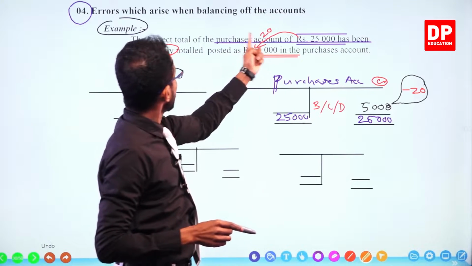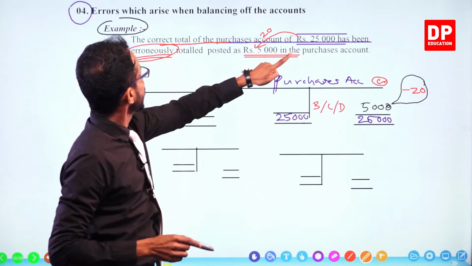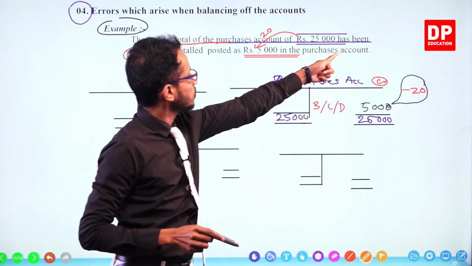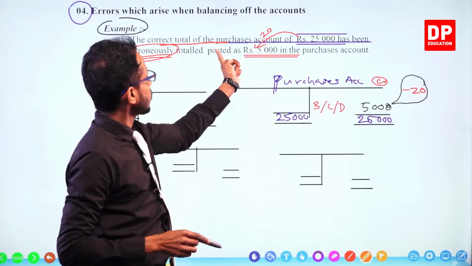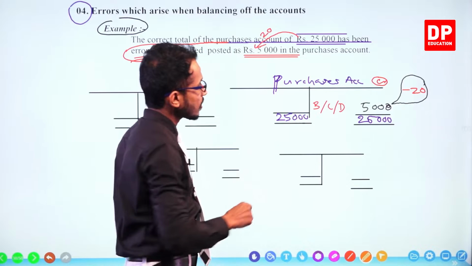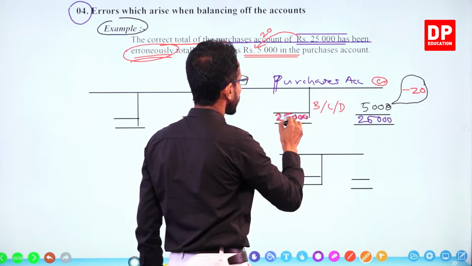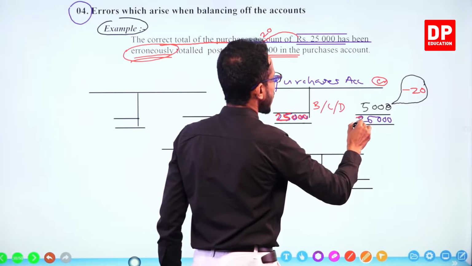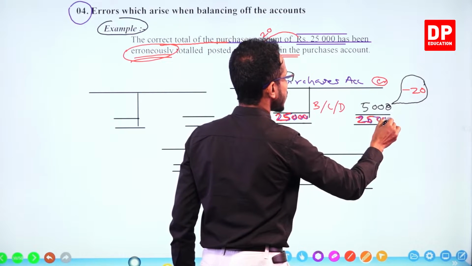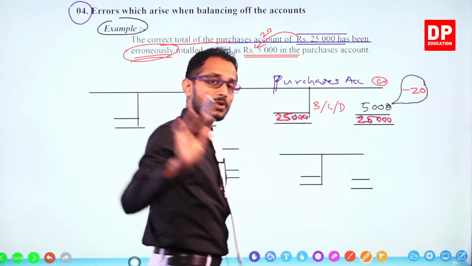The total of the purchases account is 25,000, erroneously totaled and posted as 5,000. This total is 25, that is okay, but the balance which has gone to the trial balance is not 25.